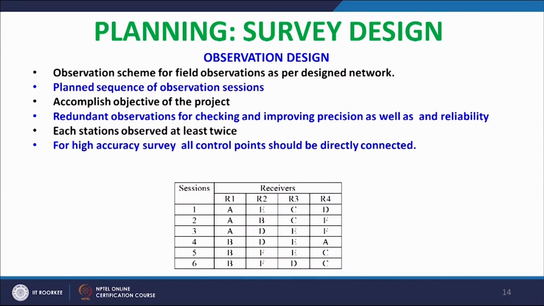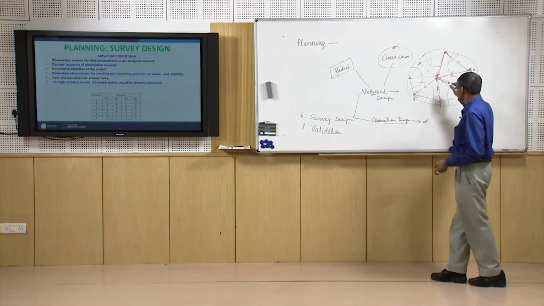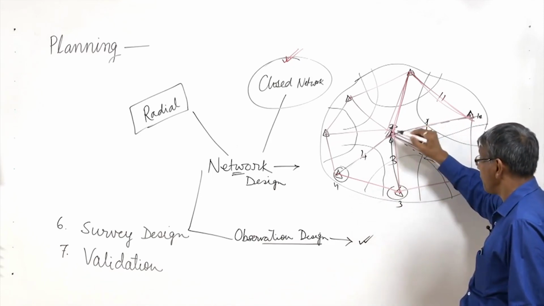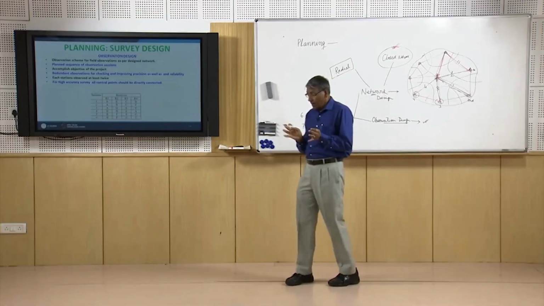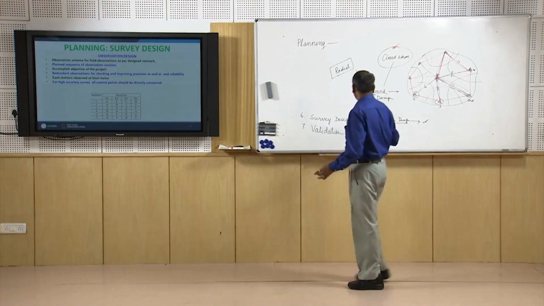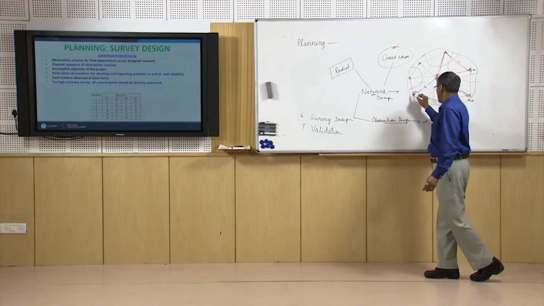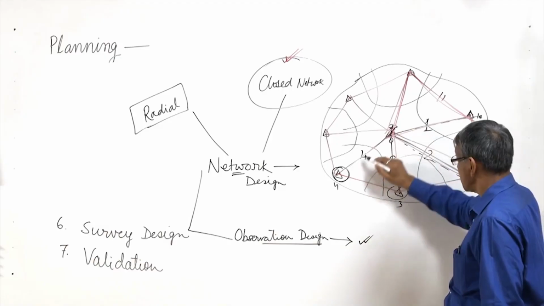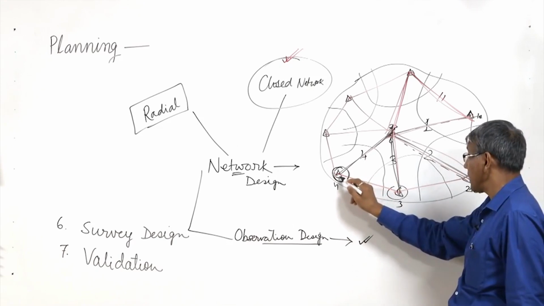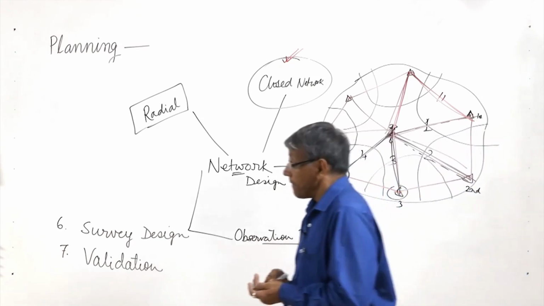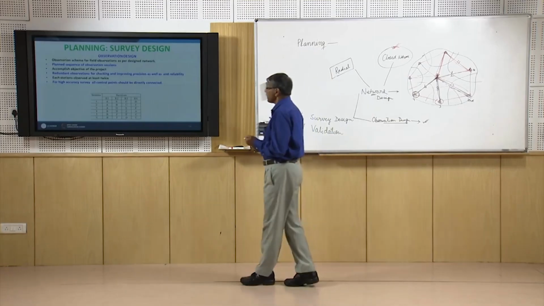In observation design, the first thing is that there should be overlapping of observation duration between adjoining stations. So we should see this and this together, and again this. This is the most important thing.